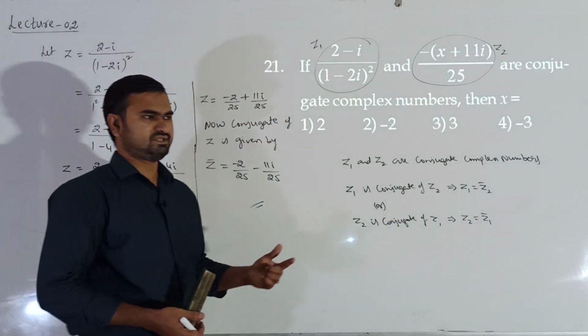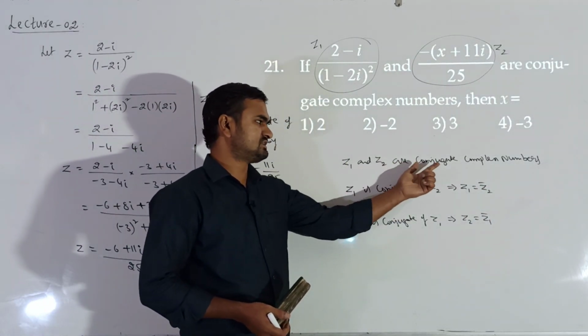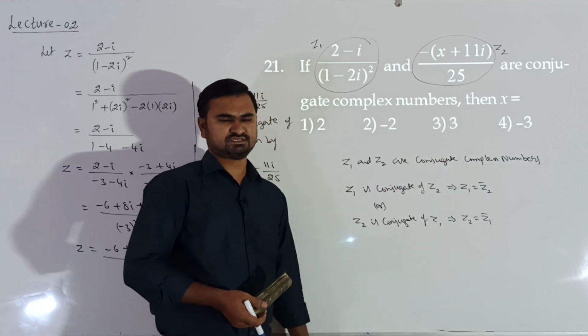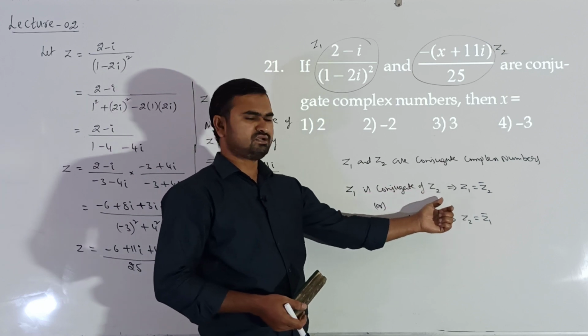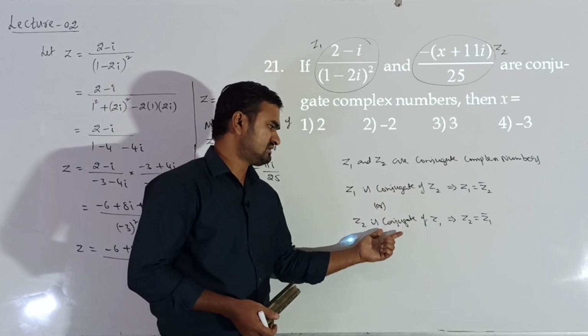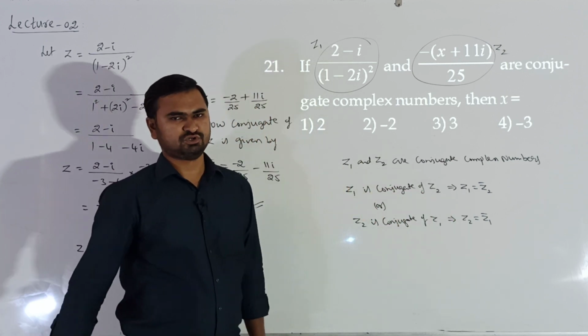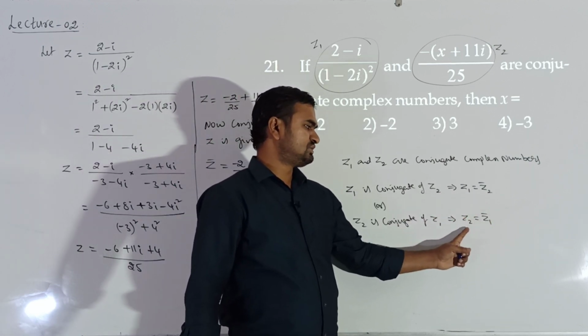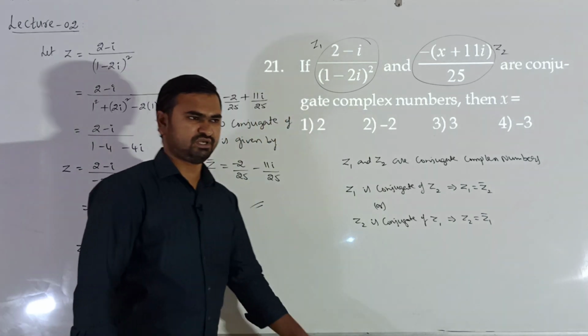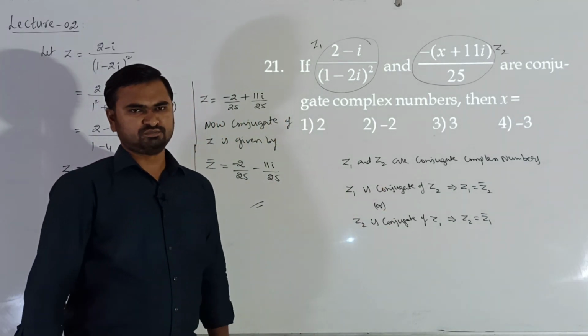Okay. So remember that two complex numbers are said to be conjugate complex numbers, or conjugate of each other, when one is the conjugate of the other. Either we can take this condition or this condition, the answer will be the same only. So z1 equal to z2 bar, or I can write z2 equal to z1 bar. Any one we can follow.